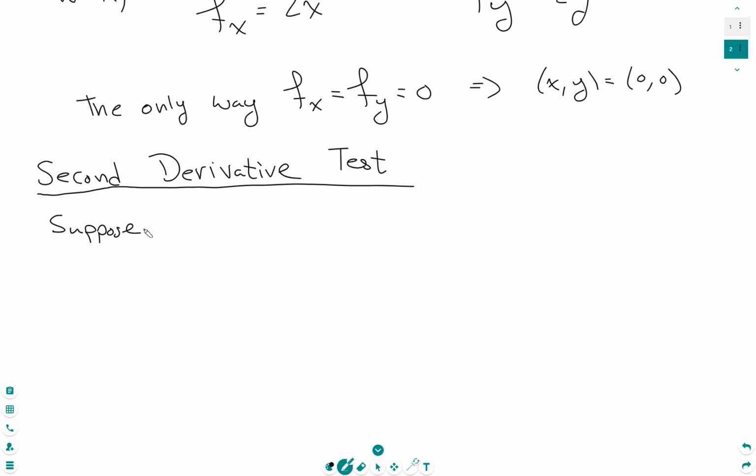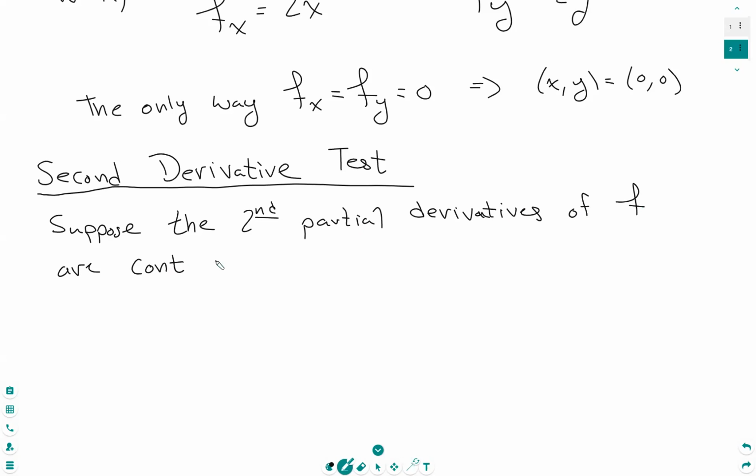So suppose the second partial derivatives of f are continuous on a disk with center (a, b).